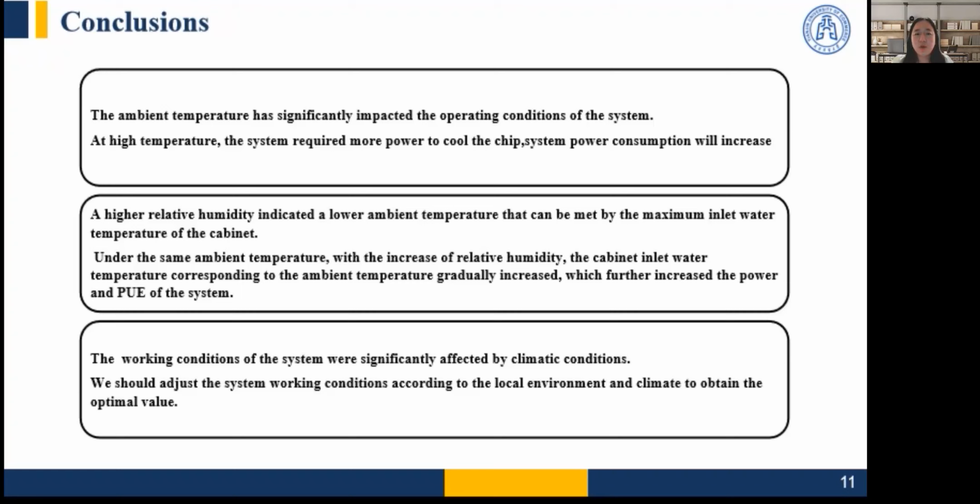In summer, when the ambient temperature and the relative humidity are high, the primary water flow, the secondary water flow, and the system power and PUE of the system increase. When the ambient temperature and relative humidity decrease, the values also tend to decrease.